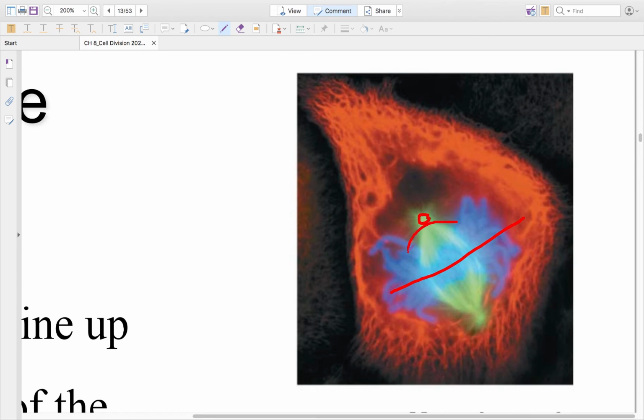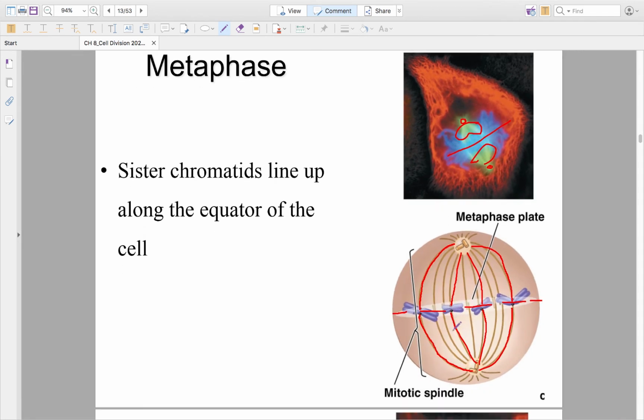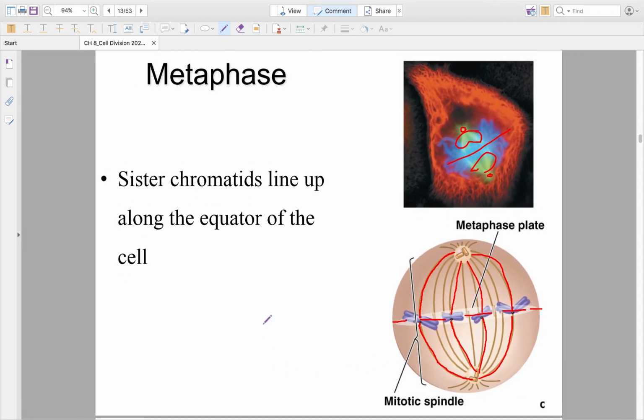You can clearly see the mitotic spindle in green. Centriole, mitotic spindle. Very good. So metaphase is known for one distinction: all of the sister chromatids line up at the center, or the equator, of the cell.